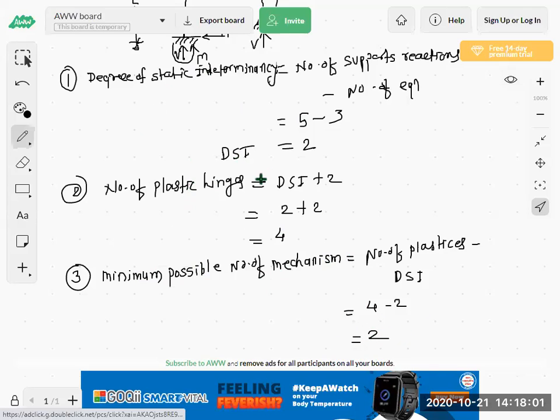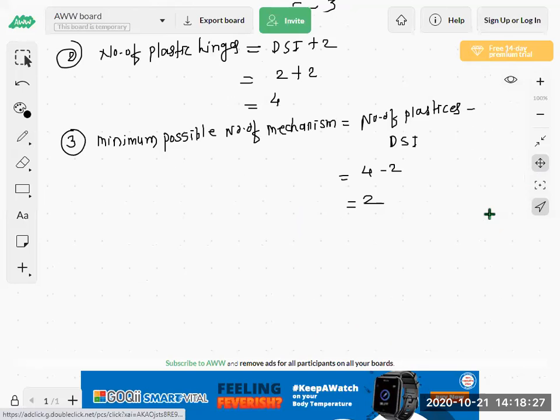Now how to analyze the portal frame using this number of mechanisms. We have to do a small formulated study before analyzing the portal frame. So here 2 mechanisms we have to solve.